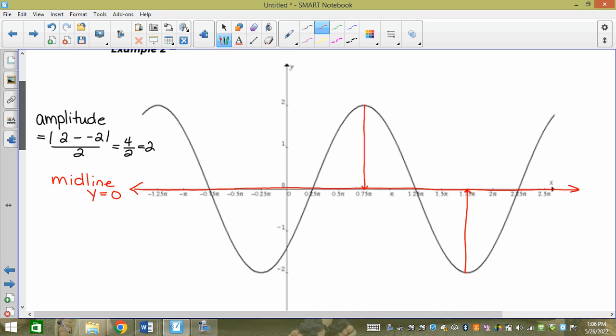So if your midline is 0, your D value is 0, which means there's no vertical displacement. You got ahead of the game on this one. So actually just finding the amplitude and drawing it, you have your A and your D value. Done. You have the front and the last, right?